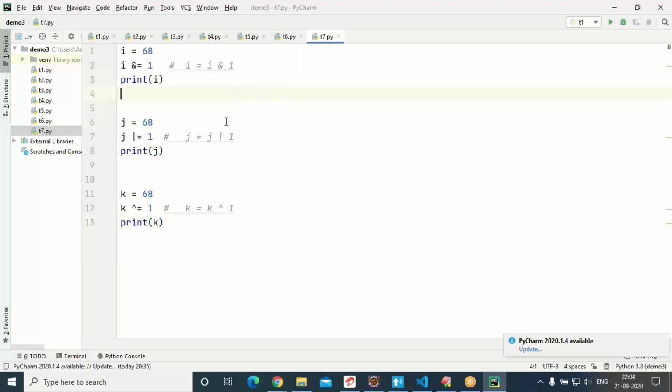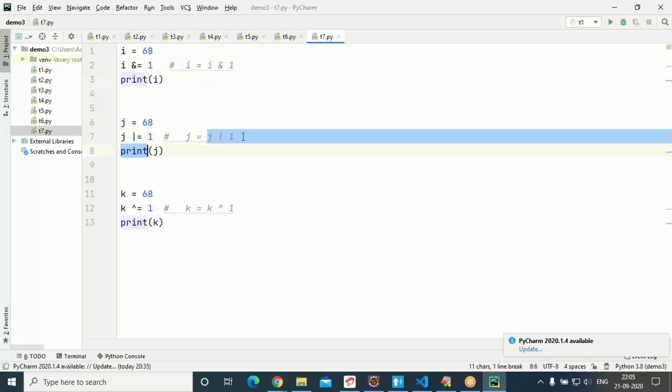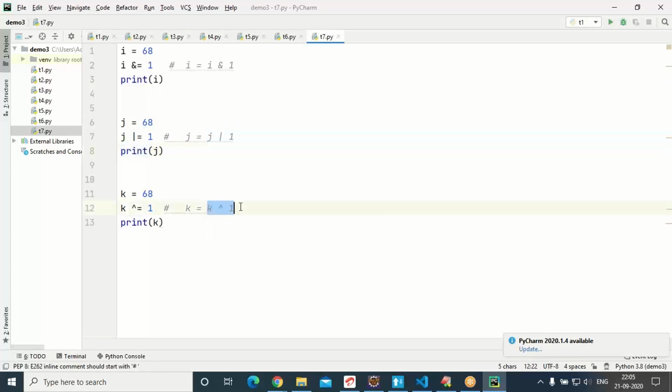We can easily understand this. This particular expression is nothing but i = i & 1. Again, a bitwise operator between i and 1. Bitwise AND between i and 1. Bitwise OR between j and 1. Bitwise XOR between k and 1.